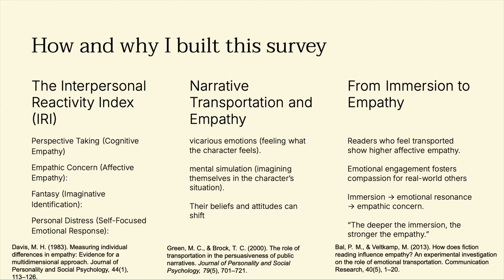The example here would be feeling like you are part of Nora's story or imagining what you would do in her place. And then there's personal distress, a self-focused emotional response: feelings of anxiety or discomfort in response to somebody else's suffering. An example would be feeling stressed or helpless when you can't guide Nora to safety.